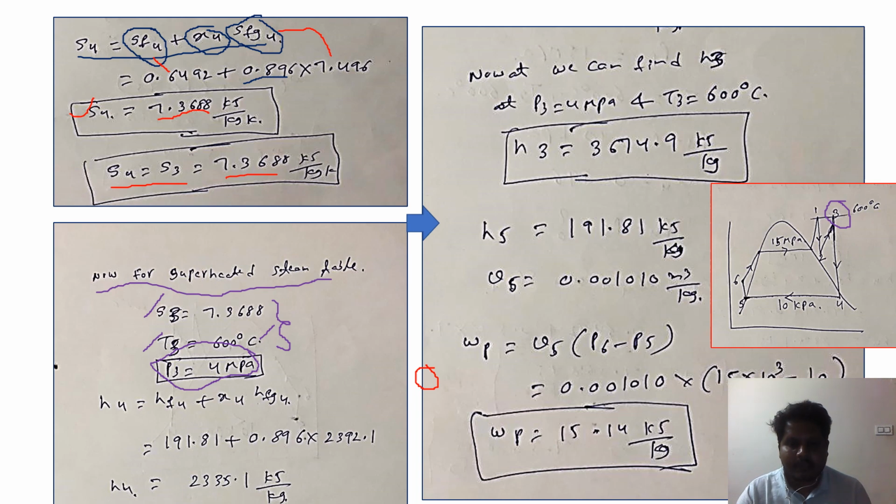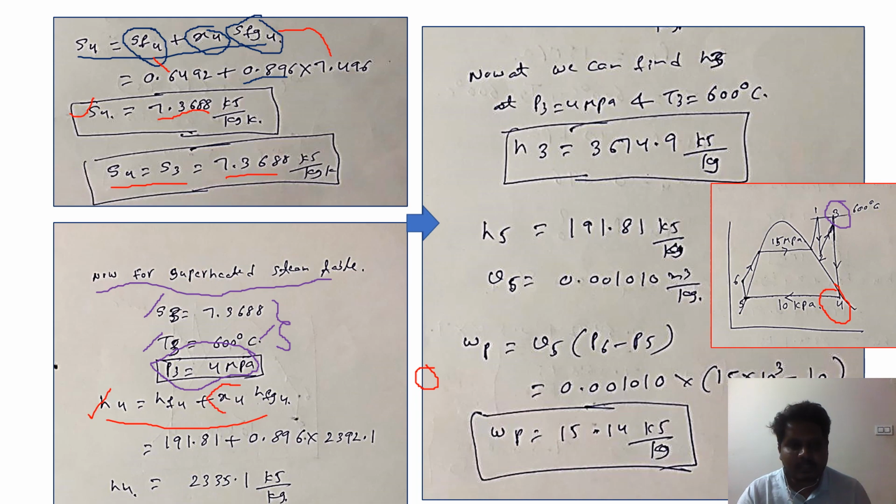Now let us see the enthalpy at point 4. Here the point 4 is in the saturation zone, so again we have to refer to the saturation table. H4 can be found from this equation: HF4 plus X4 into HFG4.